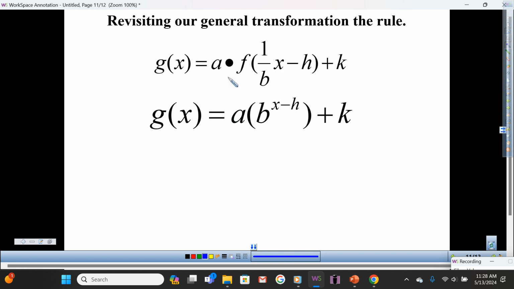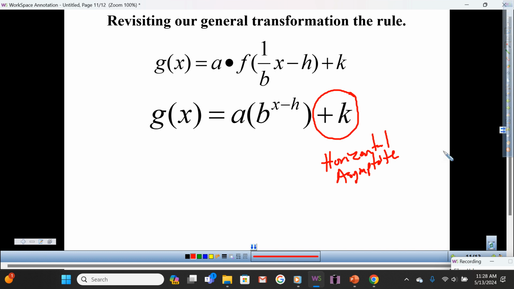A stretches it or shrinks it or compresses it vertically, and b horizontally. However, circle k. That was good. See what I did there? Circle k, never mind. That's still our horizontal asymptote.